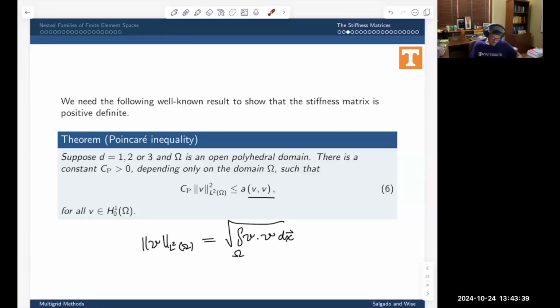We're going to write this so that the Poincare constant sits on the left. You can also bring it over to the right. You can also write the Poincare inequality without the square. And of course, all those things are entirely equivalent to what we have here. It's just that the constant, depending on where you put it, whether it has a square or a square root, is up to you.